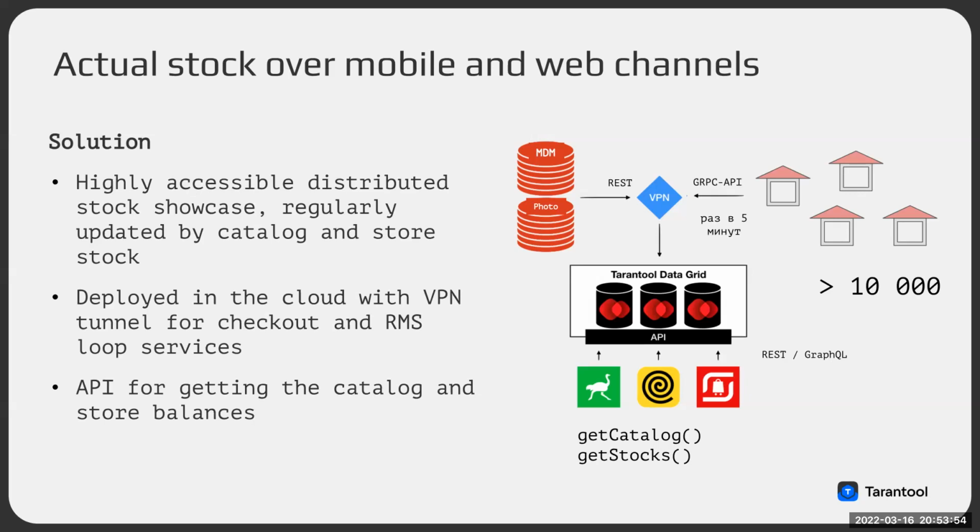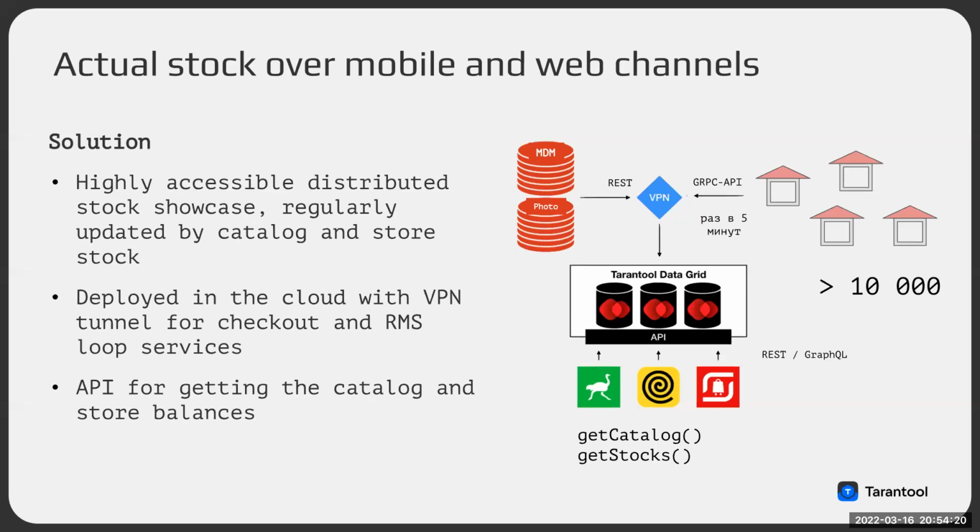We would load article names, photos, descriptions, etc. Also the product card, right? And now we can have the catalog and serve it to our users.